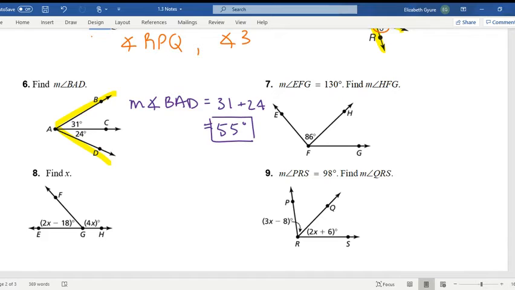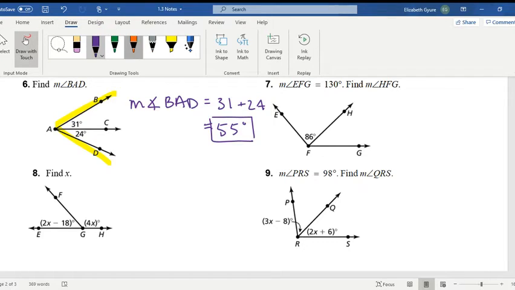And then if you look at 7, it says the measure of angle EFG is 130 degrees. Find the measure of angle HFG. And if you take a look at your picture, angle EFH is labeled as 86. Now this is a scenario where you're given additional information in your directions that's not labeled in your picture. Always label your picture.